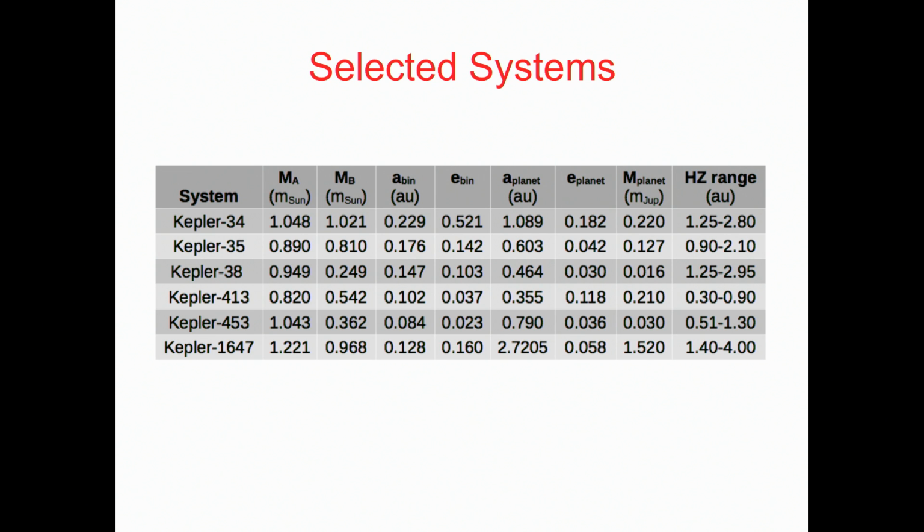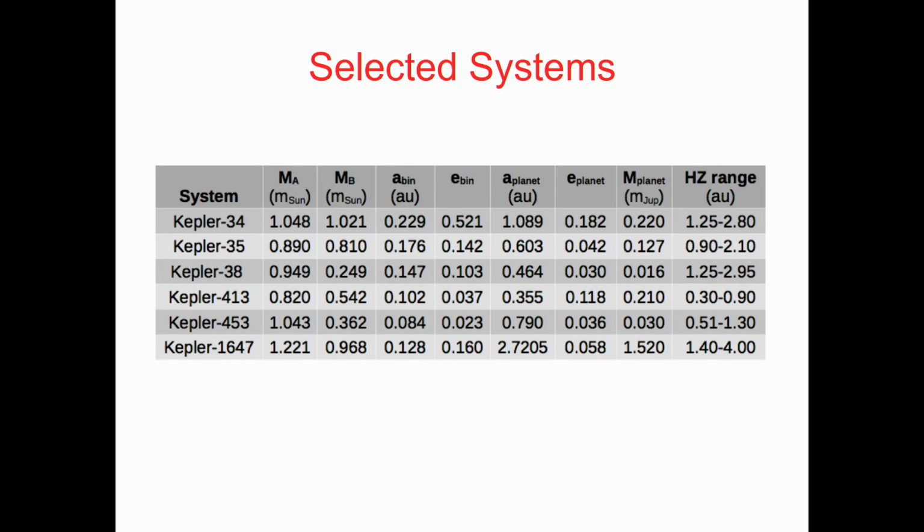So here we have the mass of the stars, the semi-major axis and eccentricity of the stars, and then the mass of the planets, the position, orbital elements of the planet, and the last column is the habitable zone. It's an average approximation of that size. And so we are going to consider the 6 systems.